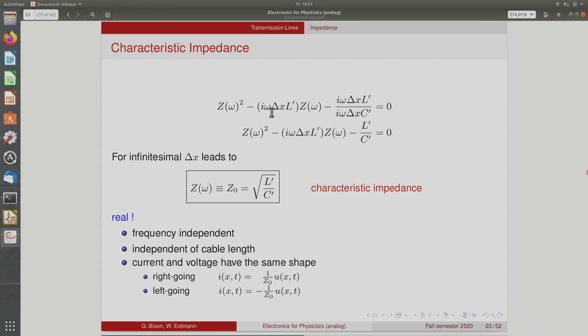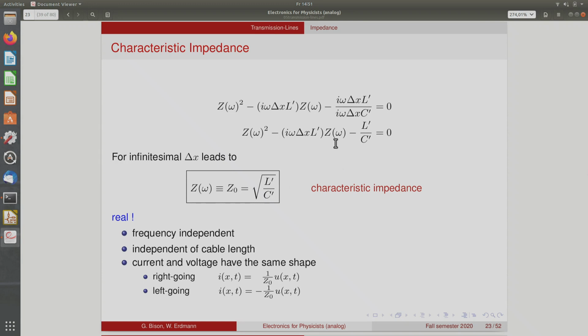So when we now go to infinitesimally small delta x, this term will disappear, and all that's left is this term, L prime over C prime, and Z squared. So since the sum is 0, we know that the complex impedance of the whole thing is the square root of the ratio of L prime over C prime.